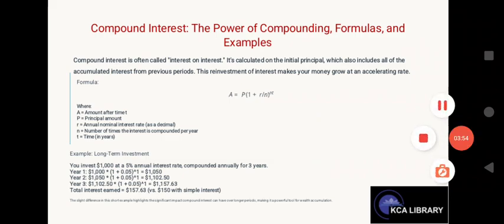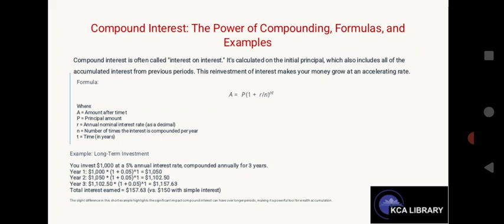The formula for it is A = P(1 + R/N)^(NT), where A is the amount after time T, P is the principal amount, R is the annual nominal interest rate, N is the number of times the interest is compounded per year, and T is the time in years, and it is majorly applicable in long-term investment.